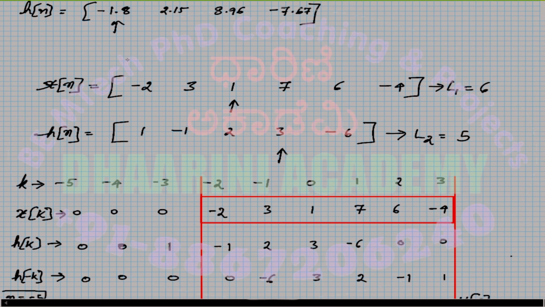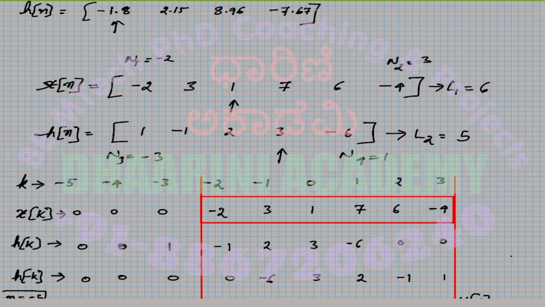What is n1? In this case, n1 starts at minus 2 and ends, that is n2, at 0, 1, 2, 3 time index. So n3 is equal to minus 3, and n4 is equal to plus 1. Are you okay? That's the time index.